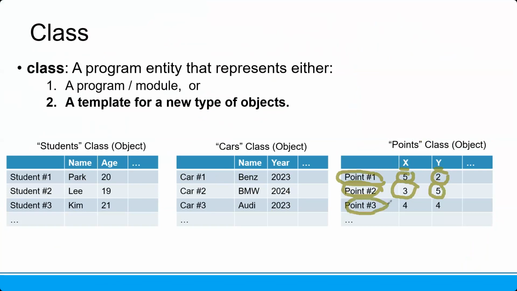For point object number 3, x is 4 and y is 4. So it means every class will have different properties, and it will be easier if we create with object-oriented programming. So we are going to focus on this one, a template for new types of objects.